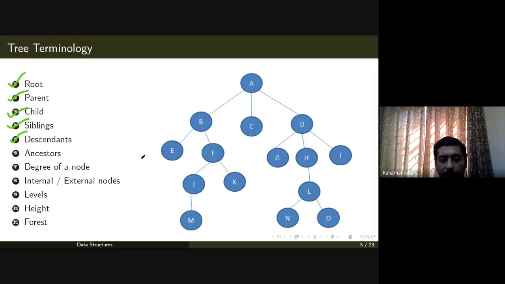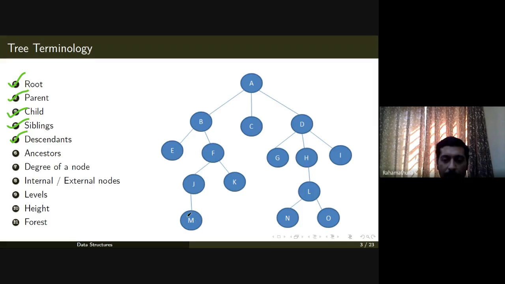Ancestors of a node. For example, the ancestors of node E are B and A. You take a path from E to the root of the tree, then the nodes which come inside that path will be the ancestors.